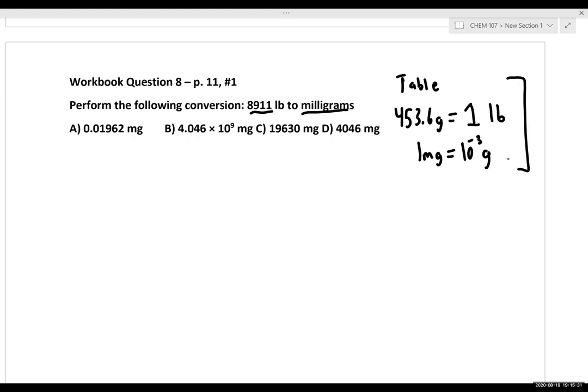And we'll discuss in another 2 to 3 minutes. I guess I'm confused on how to set it up and what to put on top and what to put on bottom.